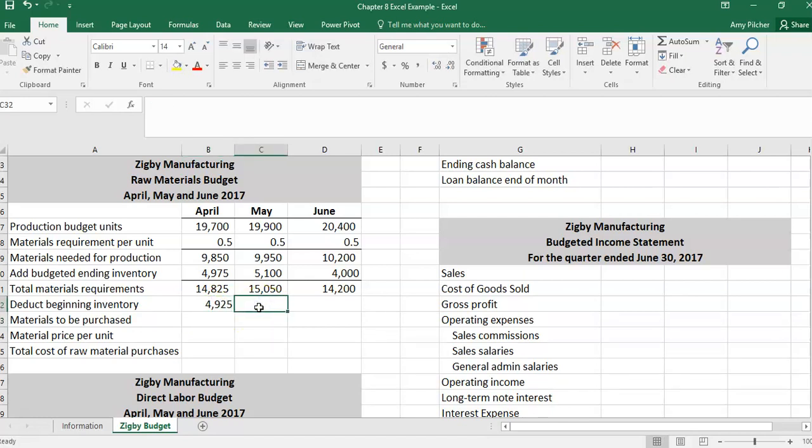Then May 1st, beginning inventory is April 30th's ending inventory, and June's beginning inventory is May's ending inventory. So we subtract that and we get the amount of materials we need to purchase in order to meet our production goals.